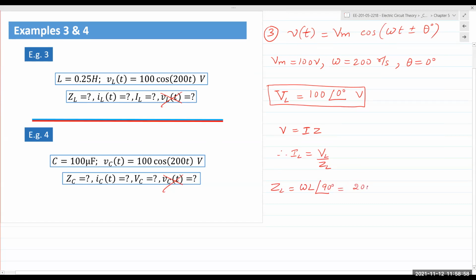Omega is 200, L is 0.25 Henry. That's the magnitude. Phase angle is 90. Therefore, ZL is 50 with a phase angle of 90 degrees ohms. Easy enough.